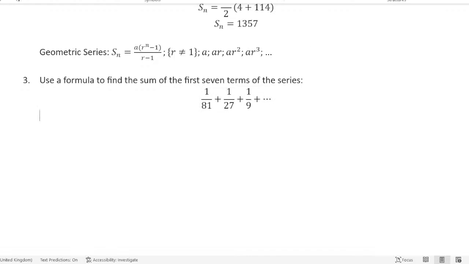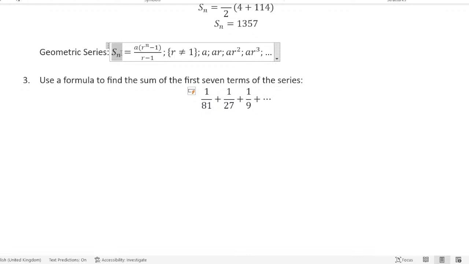So here, first things first, you have to determine the value of A and the value of R, because we're going to use this formula. We're calculating the sum of the first 7 terms of this geometric series.